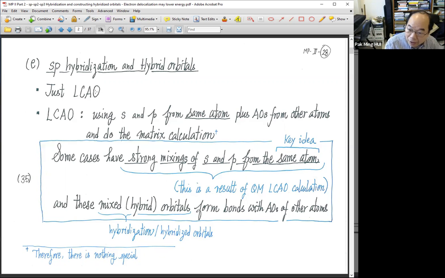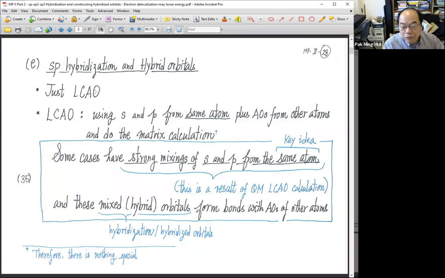The matrix is bigger, therefore the eigenvalues should be more accurate. Okay? And it is this idea behind hybridization. So hybridization, let me state it at the outset, is not something special. It is a consequence of understanding an LCAO treatment. Okay, so let's start.